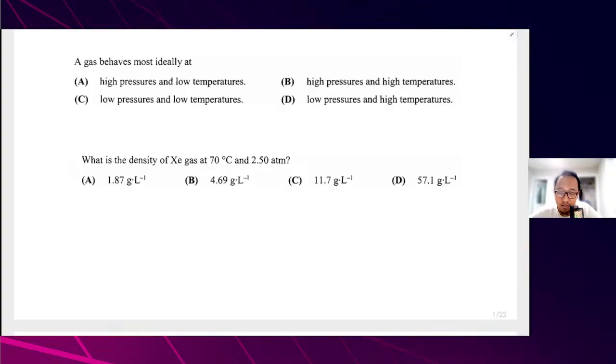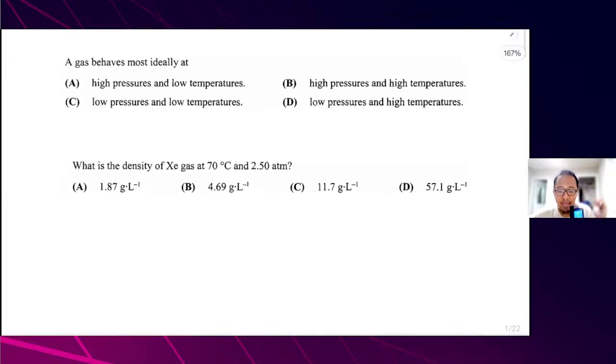Okay, there is a question here in the study questions: a gas behaves most ideally at. So the question is about ideal gas behavior. The key concept here is that we need to know the ideal gas law conditions.